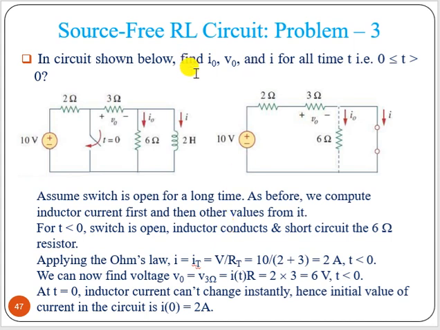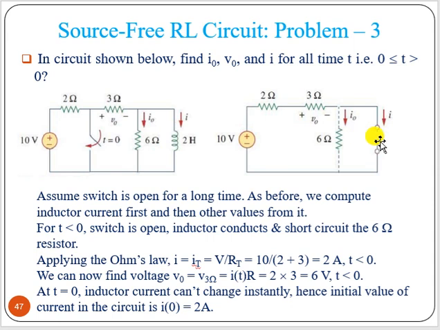So you have to find out this I0, V0 here and I through the inductor at t greater than 0. The switch is open for a long time, so what happens? At that time this inductor is shorted, right? And this resistance becomes short circuit, because this is in parallel with that.